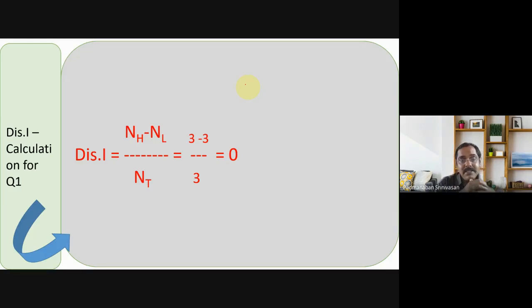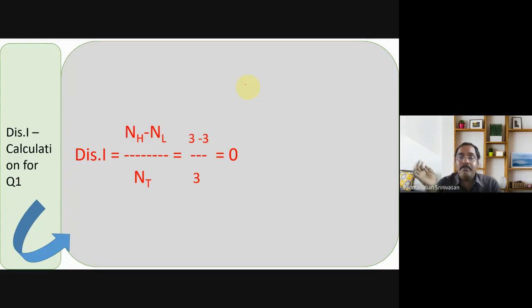In difficulty index, it is 0 and 1. If nobody is answering, the difficulty index is 0. If everybody is answering, the difficulty index is 1. So we have two extreme values, 0 and 1.